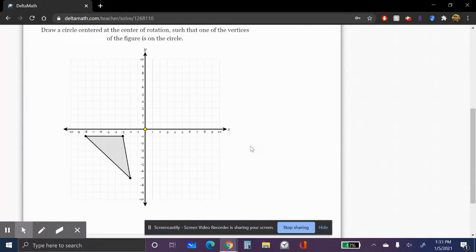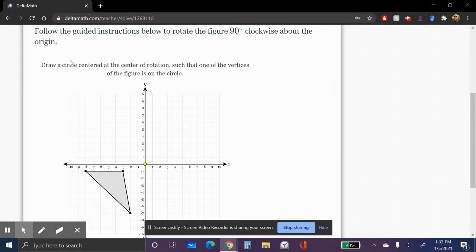All right, so let's take a look at our figure. It says, follow the guide instructions to rotate this figure 90 degrees clockwise about the origin. So we're going to draw a circle centered at the center of rotation such that one of the vertices of the figure is on the circle.